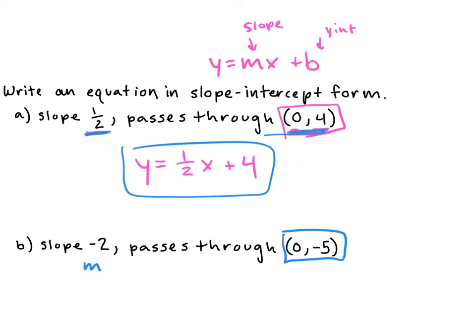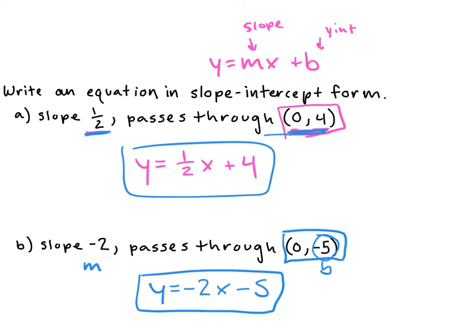Do we know what our b is? -5. That's what's special about the point, that it's our y-intercept. So we plug it in. So what's our equation going to be here? Y is equal to -2x plus 5. Oh, minus 5, because it's a -5. So got to be careful with your signs. I think you said plus 5. But it's a -5.